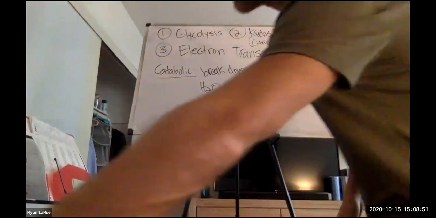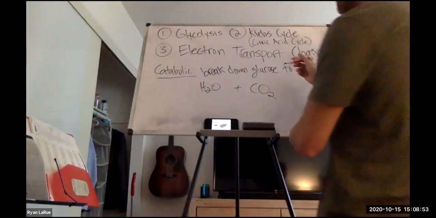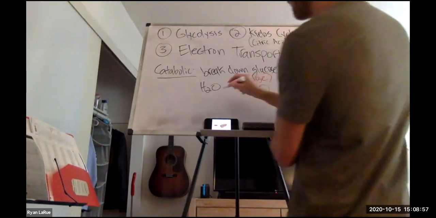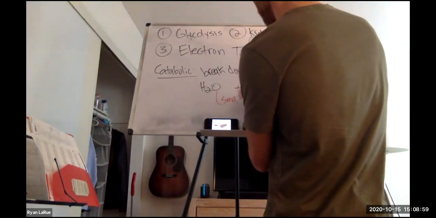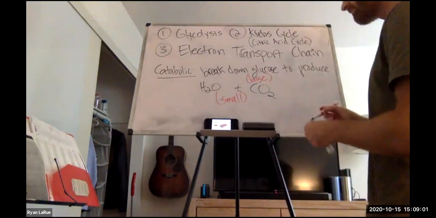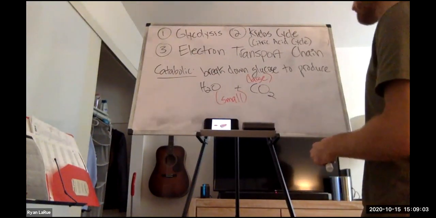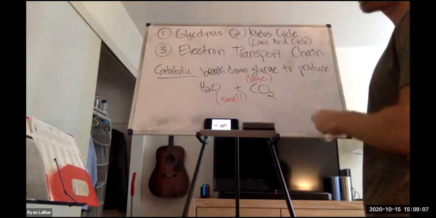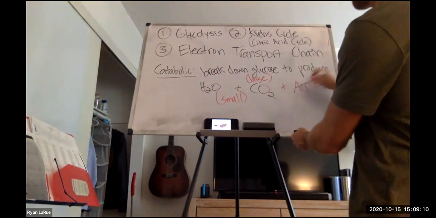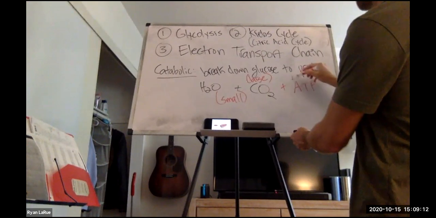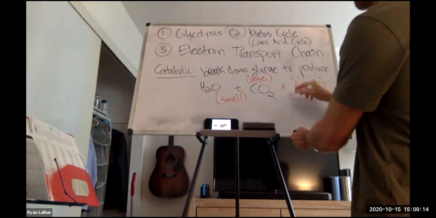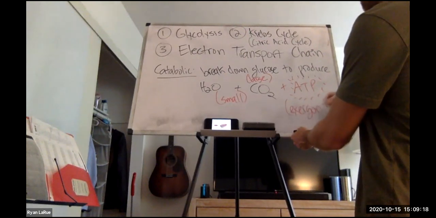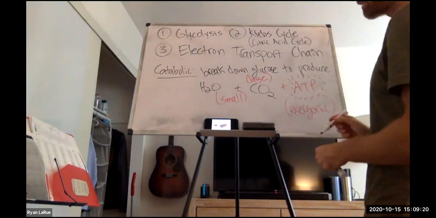And we can even say this is catabolic because glucose is a larger molecule and water and CO2 are smaller. And then this, of course, also releases ATP molecules, making it an exergonic process.